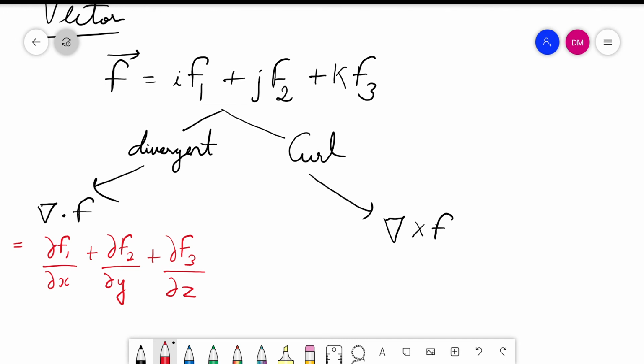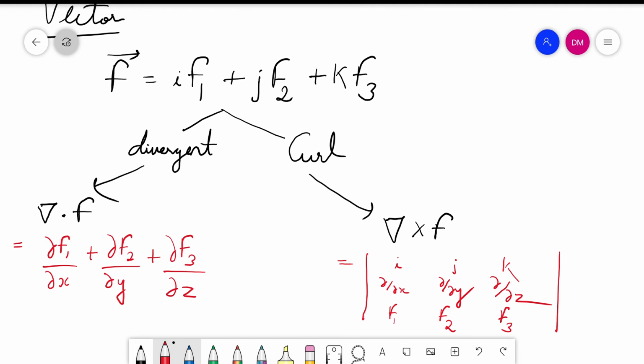Whereas curl can be written as I, J, K, and here dou by dou X, dou by dou Y, dou by dou Z, and here F1, F2, F3, whole determinant.